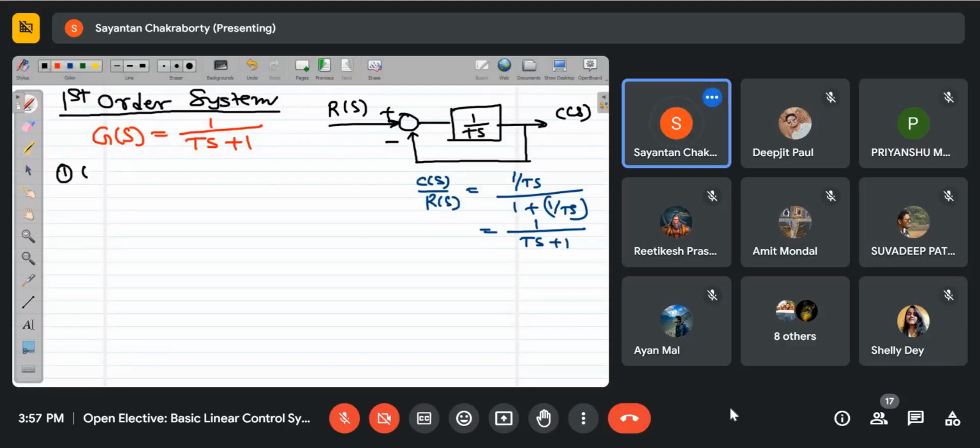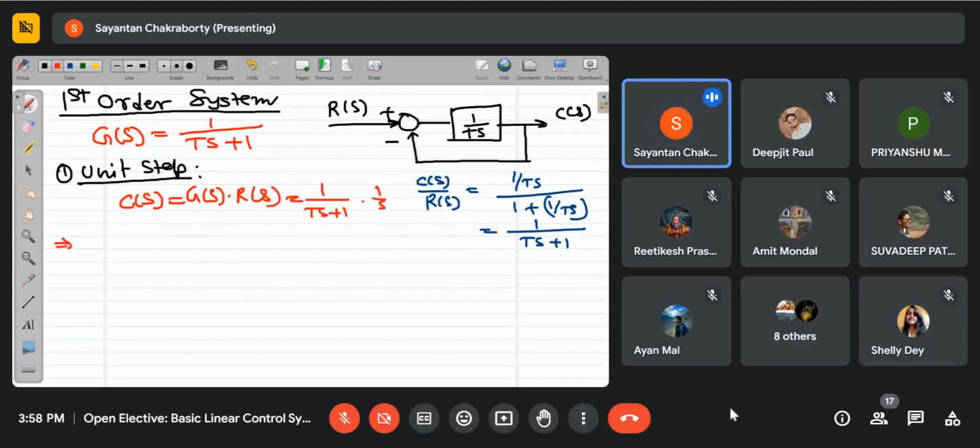So first, unit step. So your response C(s) will be equal to G(s) into R(s), that is 1 by (Ts plus 1) into 1 by s.